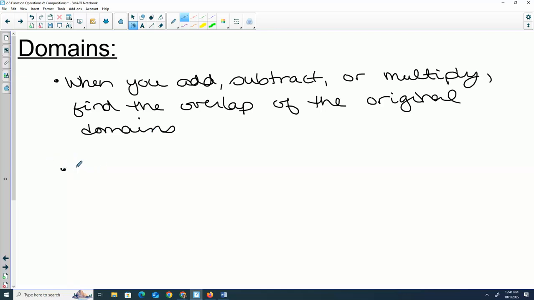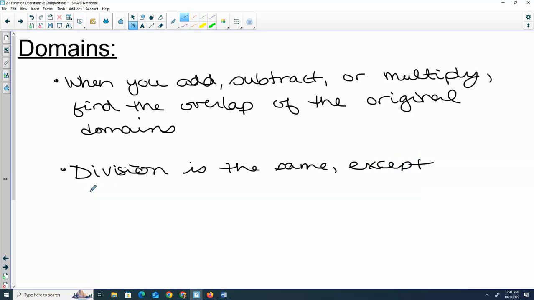Dividing is different because we also know if you divide, what can't you divide by? 0. So division is the same, except the denominator cannot be 0.